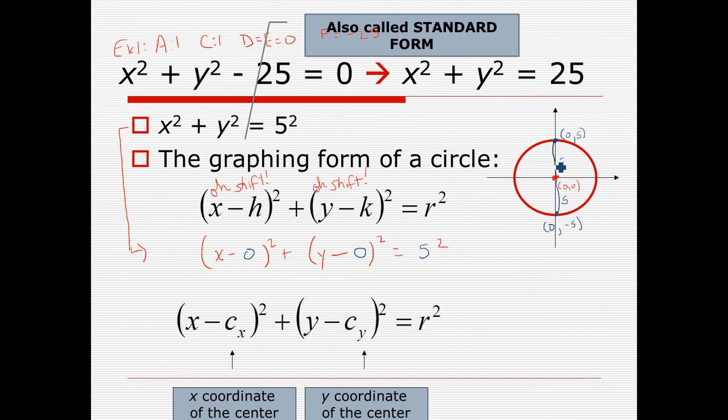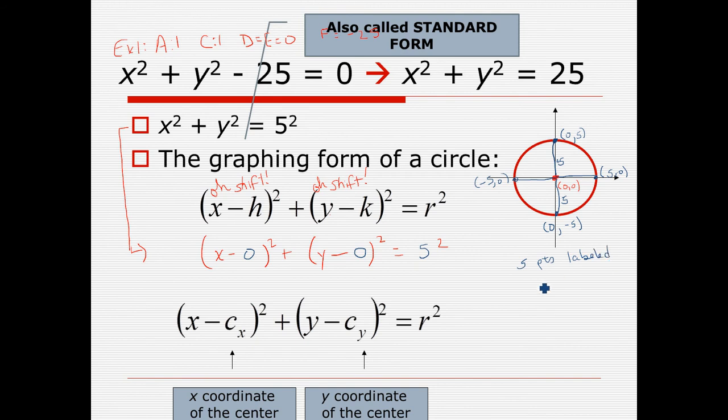Right? 5 units up, 5 units down. Then radiate to the left and to the right, shifting the x.